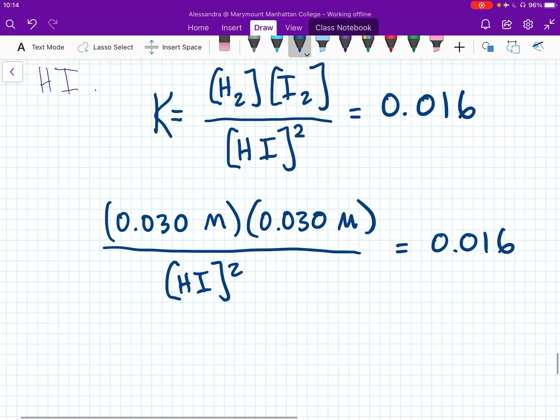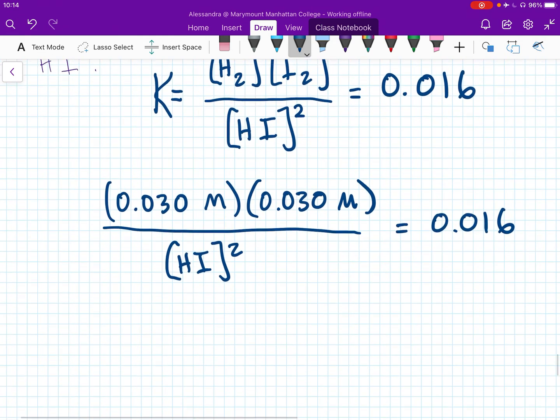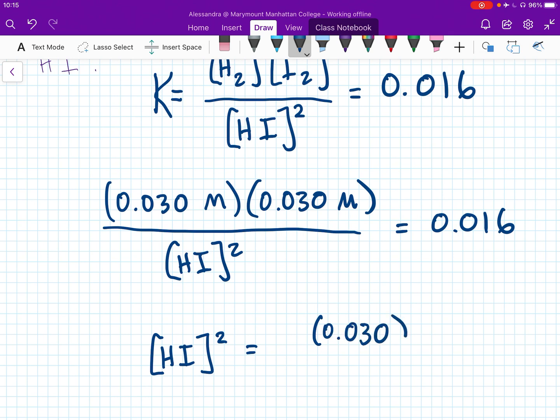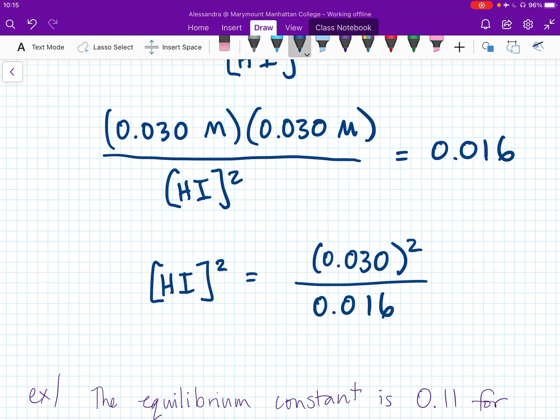Now I have one unknown, and I can do the algebra to solve for HI squared. HI squared is equal to 0.030 squared divided by 0.016. You can simplify that, take the square root, and you will find that HI is equal to 0.24 molar. So this is the equilibrium concentration of HI. All right, let's do another example.